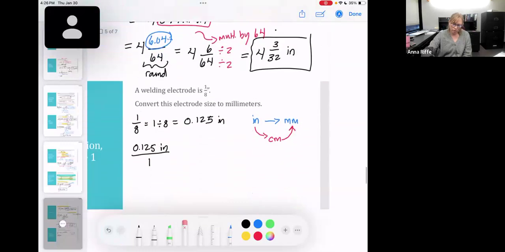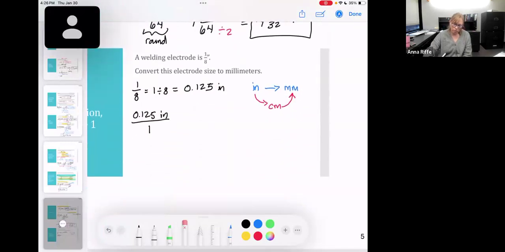Okay. This tells us 1 inch is equal to 2.54 centimeters. So if I want to convert from inches to centimeters, I'm going to make a unity fraction that has inches on bottom, which means my centimeters goes on top. This is from inches to centimeters.